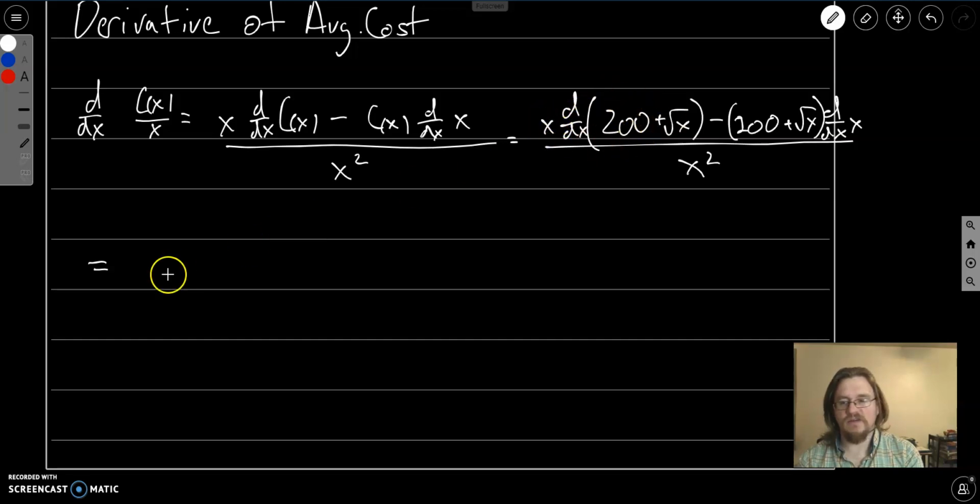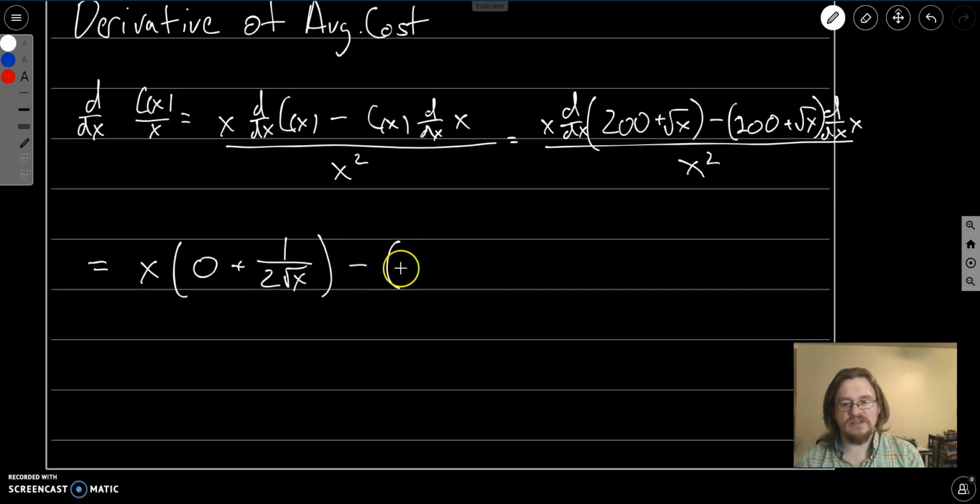and let's start taking a derivative. Well, I'll take x times the derivative of this function here. If I take the derivative of 200 plus the square root of x, I'll just take the derivative of each one. So the derivative of 200 is 0. And the derivative of the square root of x, remember that the square root of x is x to the 1/2, so it's going to be 1/2 times x to the negative 1/2, which is just 1 over the square root of x.